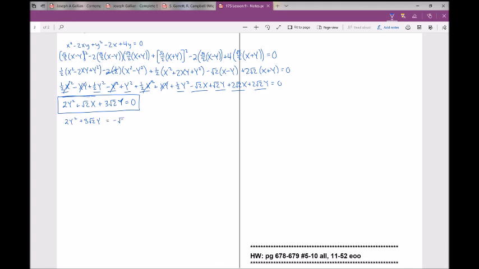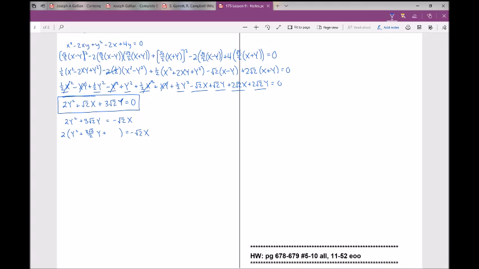So we get 2y squared plus 3√2y is equal to -√2x. Okay, so now I'm going to factor out the 2. So we get 2 times y squared plus 3√2/2 times y. We're going to add something there when we complete the square, but I don't know what it is yet. Is equal to -√2 times x.